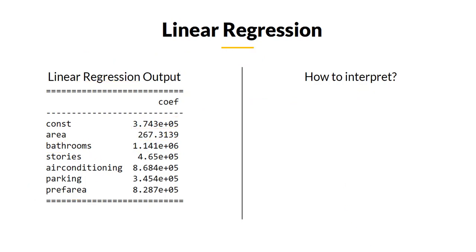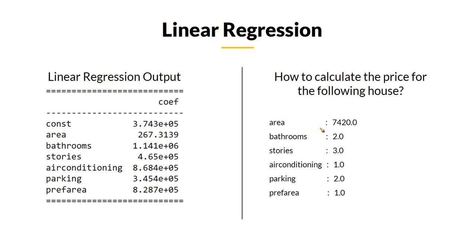So how does that actually translate? Let's suppose you have the area as 7420, number of bathrooms is 2, stories is 3, air conditioning is 1, parking 2, pref area 1. These are the input values. Can you come up with the housing price given these values? How would you calculate it? Just put it in the formula that we just saw.